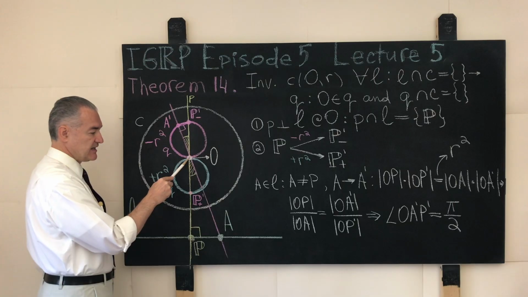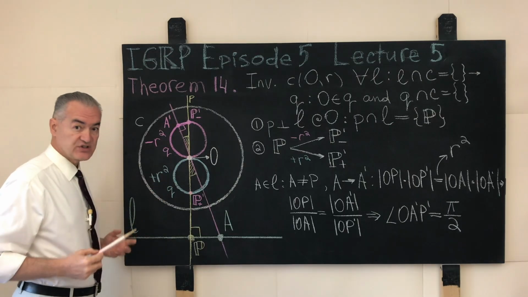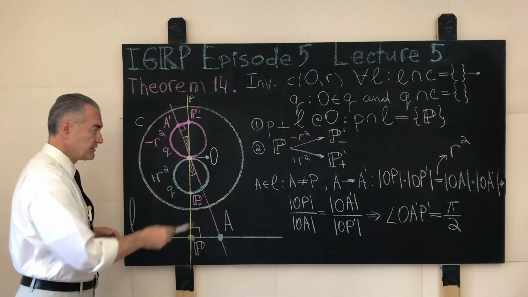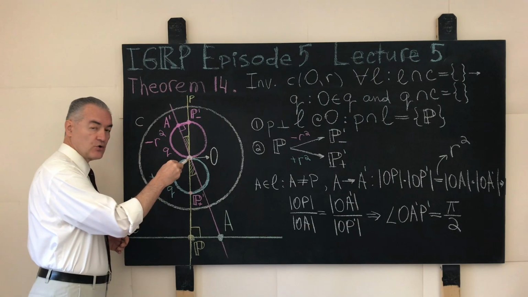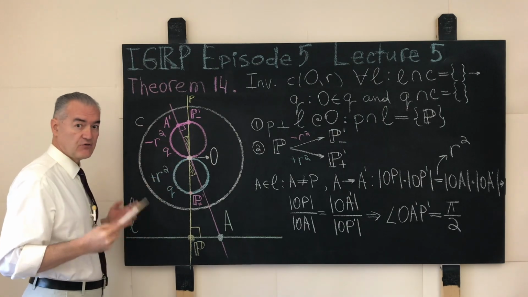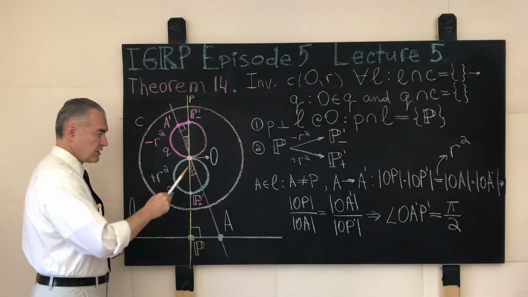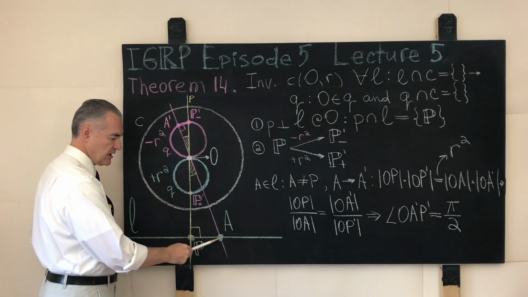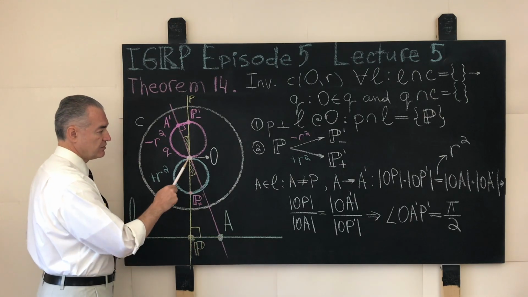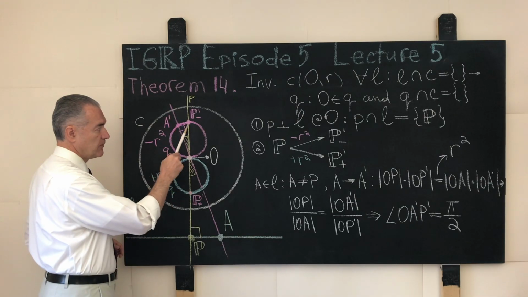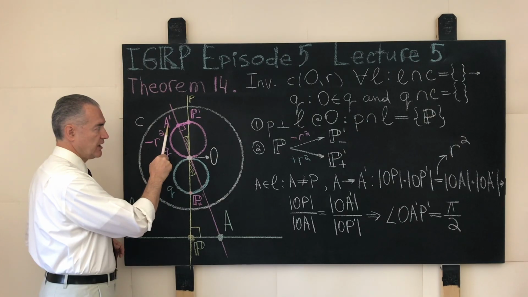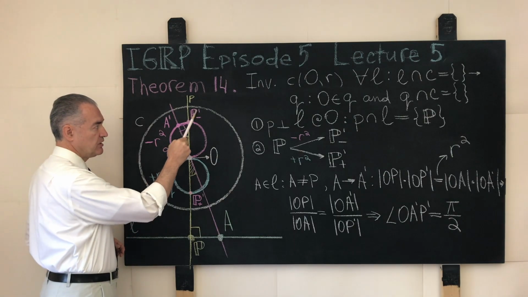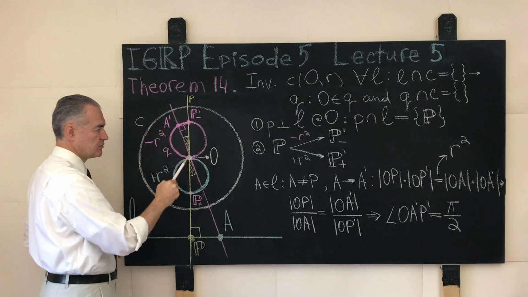But the angles of the two interesting triangles in this case at the vertex O will be what? Will be vertical, namely in the triangle OPA and in the triangle OA prime P prime, because here we can connect the image point A prime with the point P prime minus in this case and form a triangle.